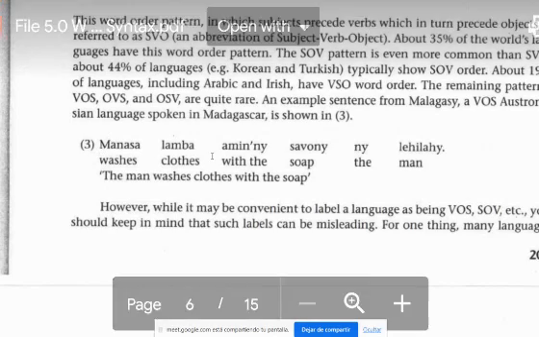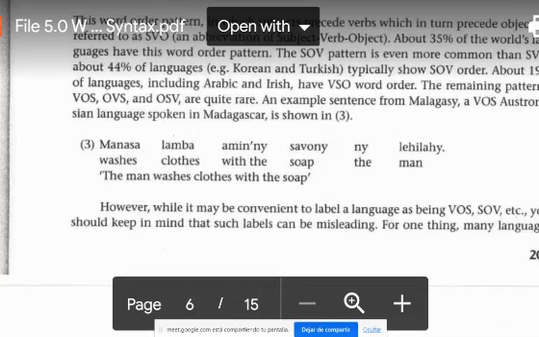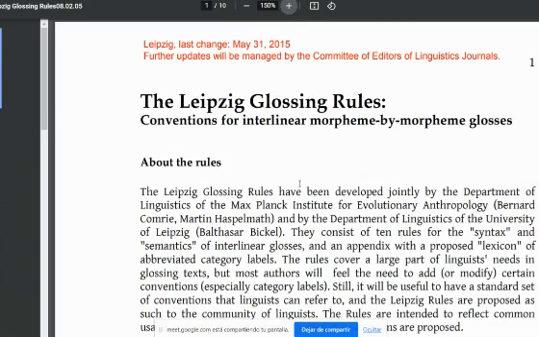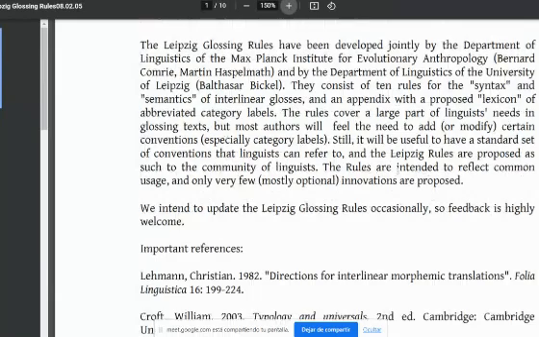Linguists don't use manasa, lamba, ami, saboni, nai, and then parentheses, and then the meaning. No. Leipzig glossing rules have been developed jointly by the Department of Linguistics of the Max Planck Institute for Evolutionary Anthropology, Bernard Comrie and Martin Haspelmath, and by the Department of Linguistics, University of Leipzig, and so on.